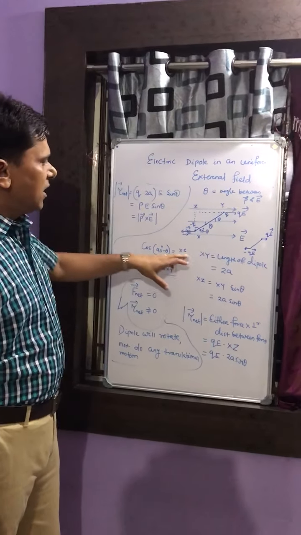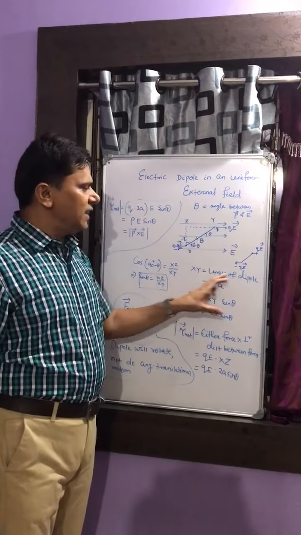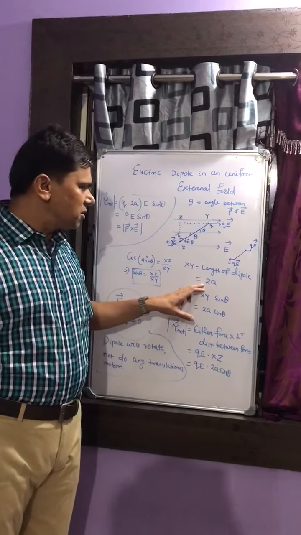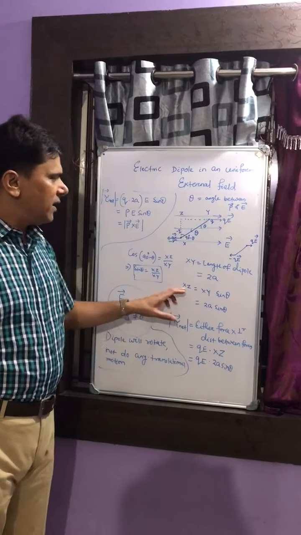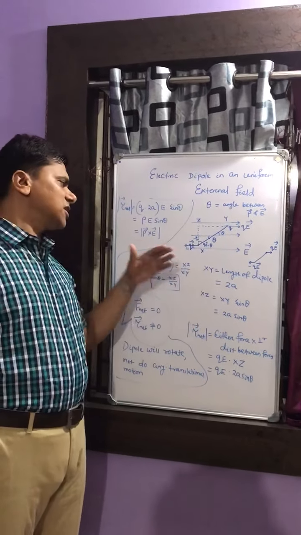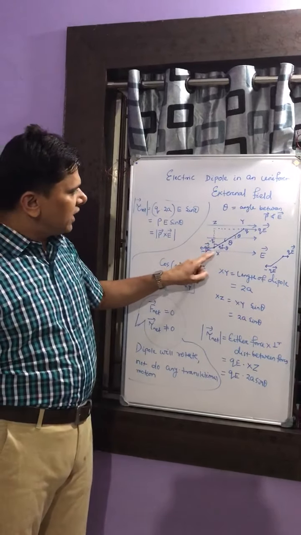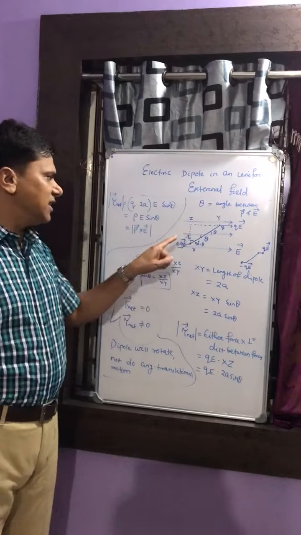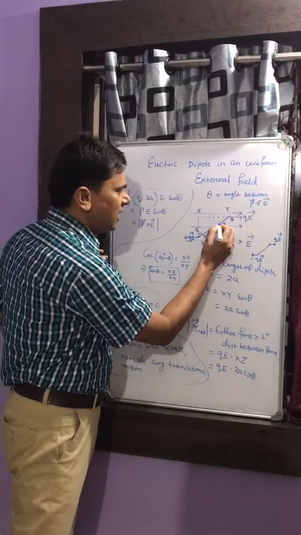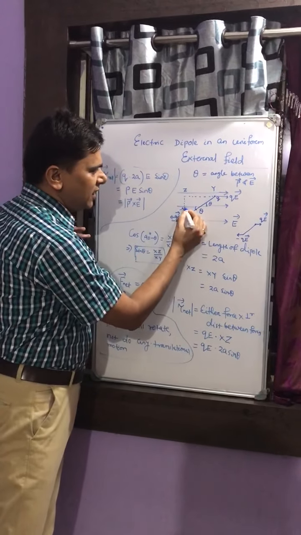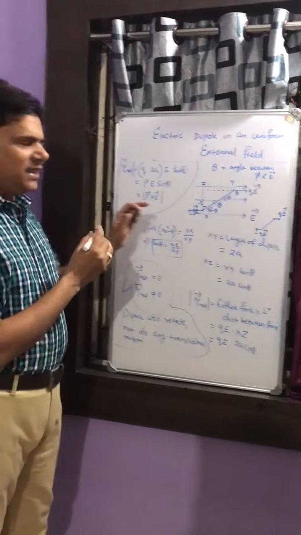Now you see this XY is the length of the dipole, which is equal to 2a, and this thing we have already discussed previously. Similarly, if you go to this triangle XZY, if this is theta, this will be theta, and this one will be 90 degree minus theta.